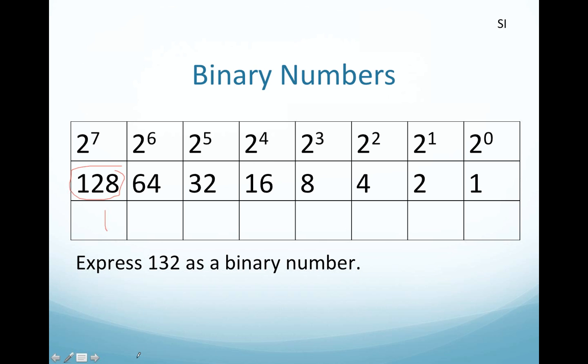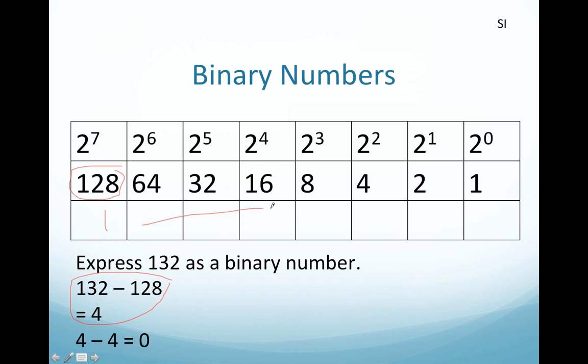Now, if we couldn't take 128 from 132, we would skip that place value. That means that it would be off. Okay. Now, once we subtract the 128 from 132 down here, that's going to leave us with 4.